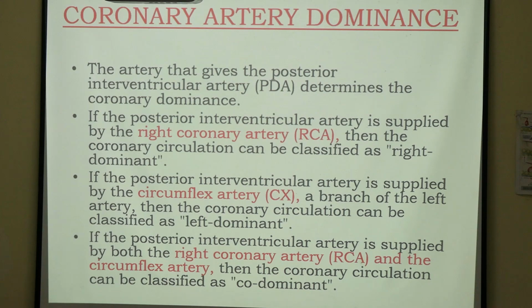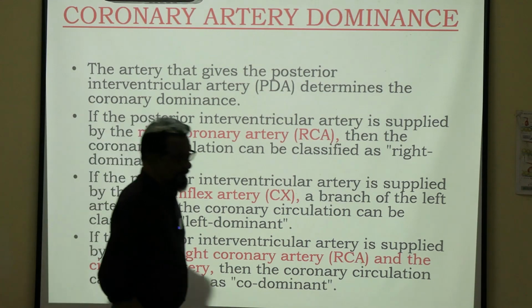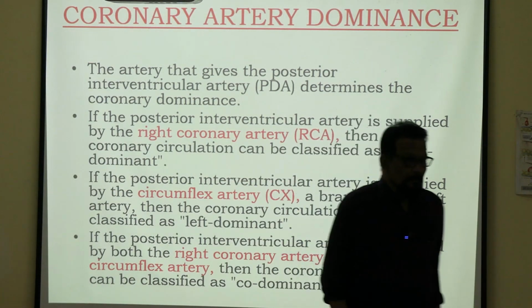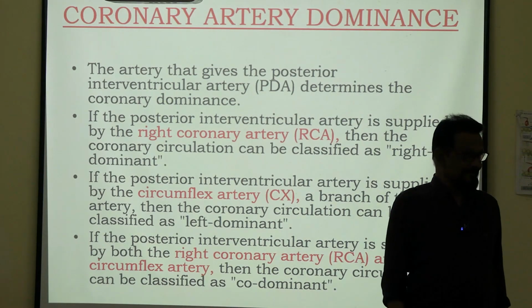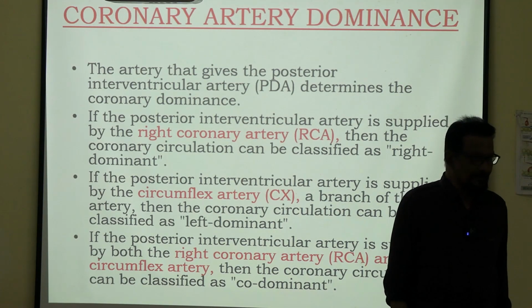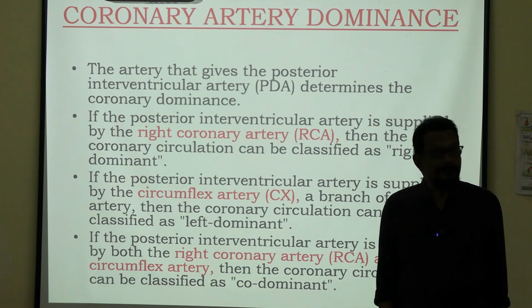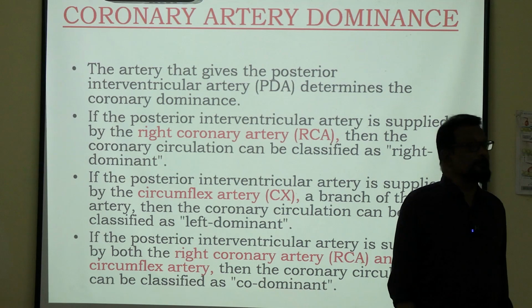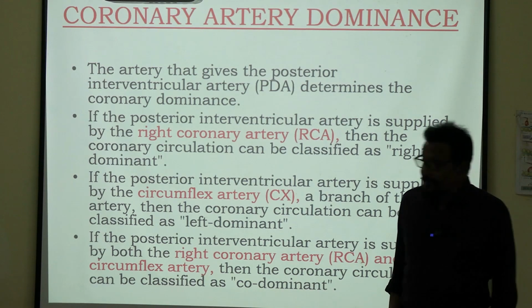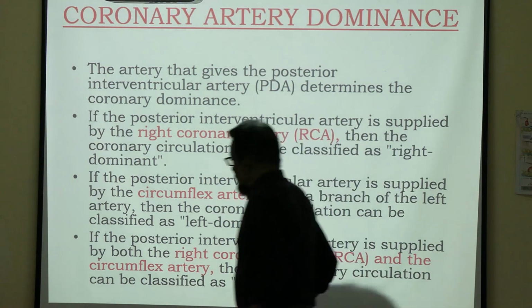Another important factor is the dominance. Who is dominant? Either the left coronary artery is dominant, or the right coronary artery is dominant. How will you determine this? You can determine it by this.